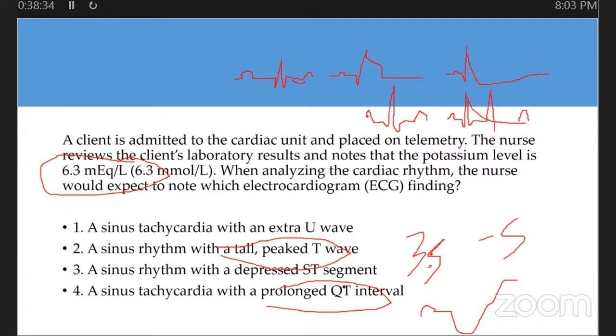Calcium, C-A-L, that's like call. What do I call? Call 911. Again, that helps me to remember that my calcium levels should be between, some will say, 8.5 to 10.5. But when I see calcium, call 911. So from 9, I go back a bit, and from 11, I go down a bit. So my calcium will be 8.5 to 10.5.